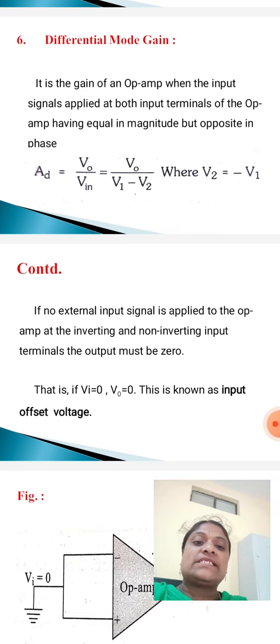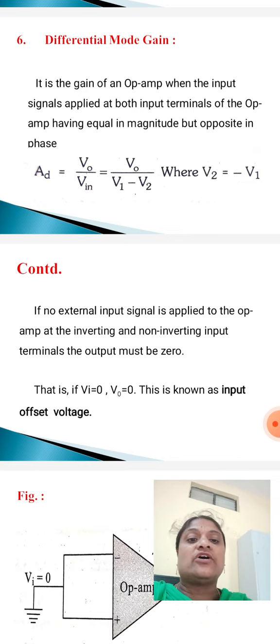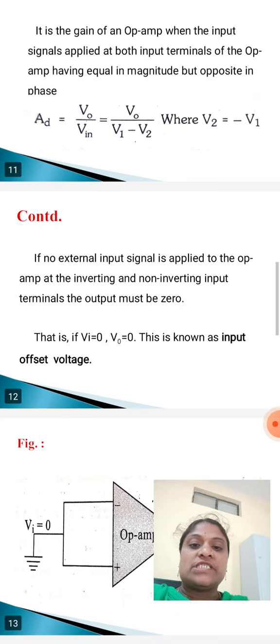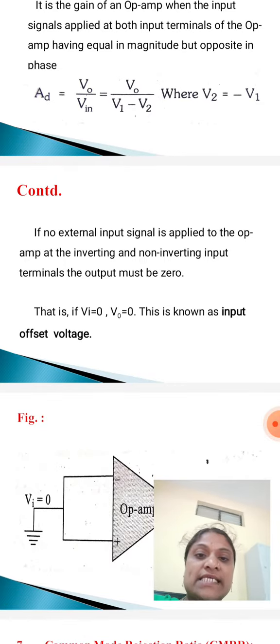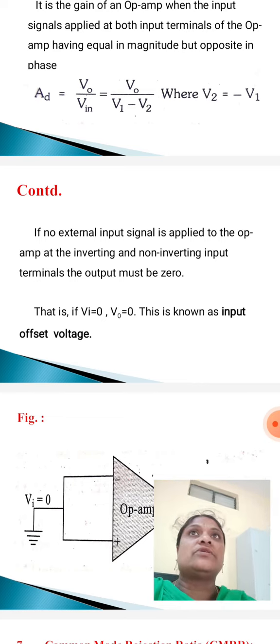That is, if Vi is equal to 0, then V0 is equal to 0. If the input is 0, no current flows through the circuit, that's why the output is also 0.